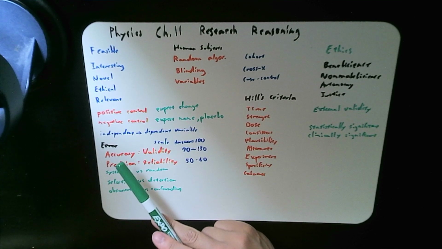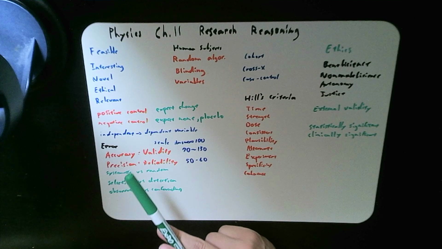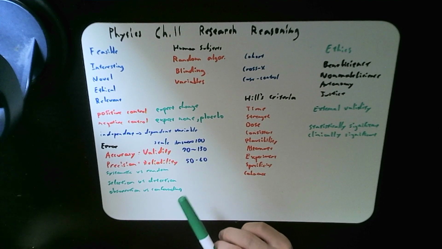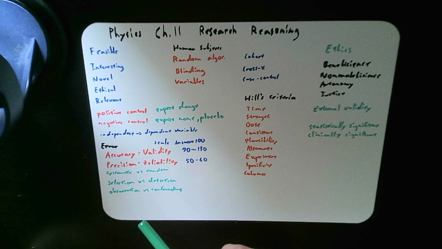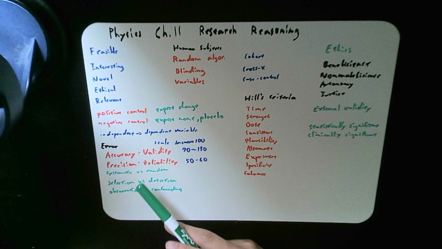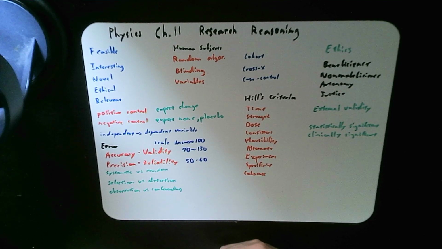Error can be defined as parameters of accuracy and precision. Accuracy, also known as validity, is how close you are to the true value. And precision is how close you are within each time you score it. So instrumental error, a systematic one, is usually caused by a measuring machine which consistently has a precision issue.